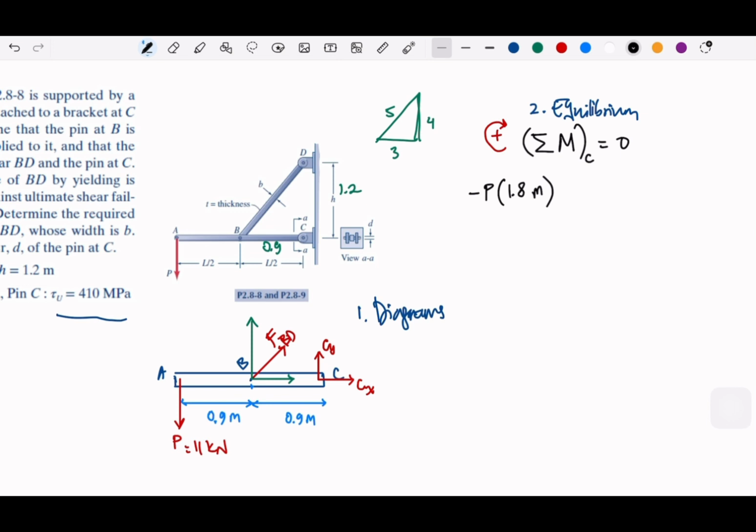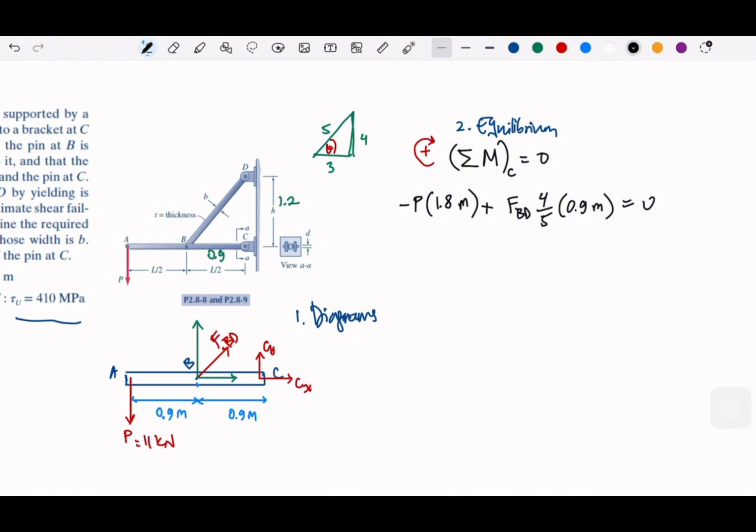And then plus the FBD sine theta. Theta will be this part here. Sine will be 4/5, so we can write 4/5, and then this will be 0.9 meter. It's equal to 0, and we get the FBD.